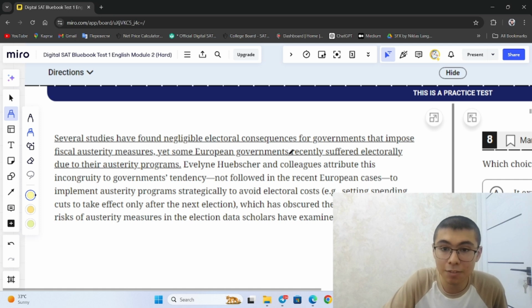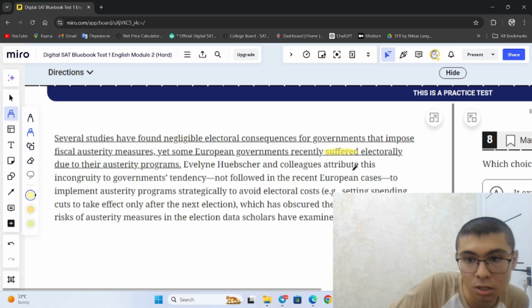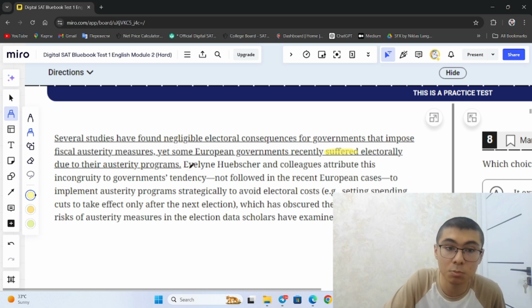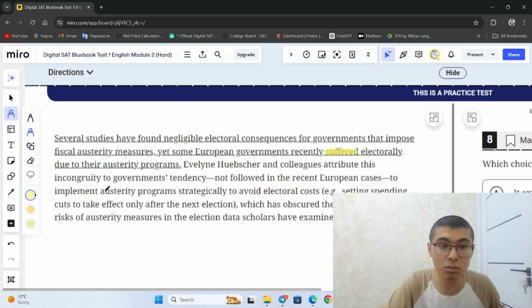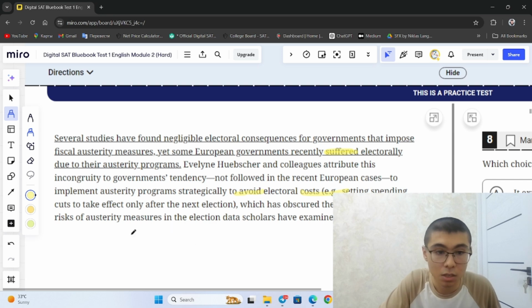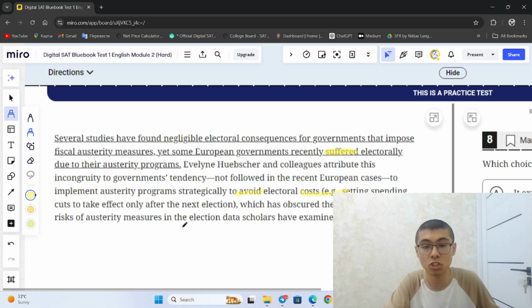Yet some European governments recently suffered due to their austerity programs. So these colleagues attribute this incongruity to governments' tendency, not followed in the recent European cases, to implement austerity programs strategically to avoid these costs, which has obscured the inherent political risks of austerity measures in the election data scholars have examined.